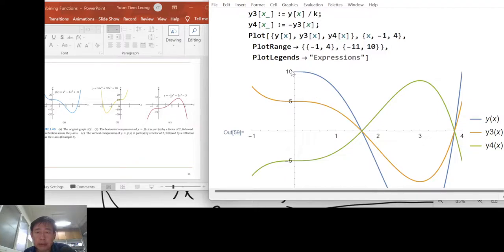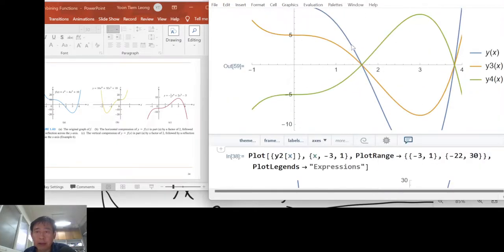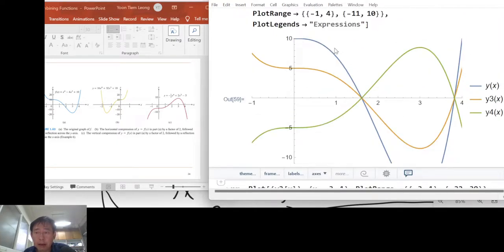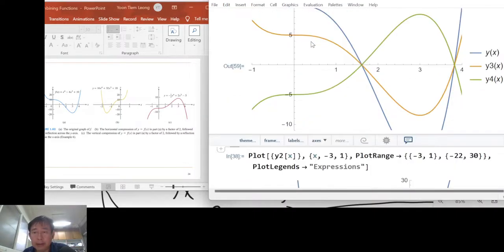Okay, so this is the original graph, the blue color graph. The blue color graph is the original function. Then y3 is the vertically compressed version. So this graph is obtained by compressing the original function by a factor of 2. So this line is the compressed version of this blue color line.